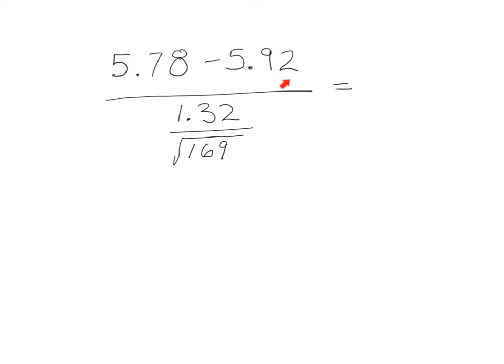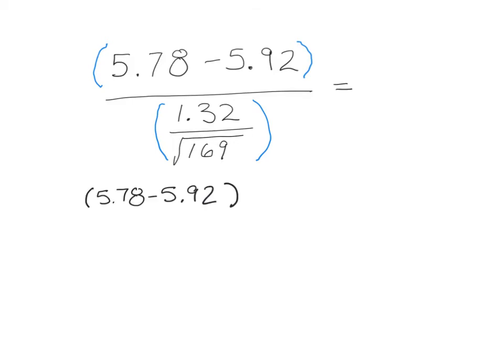Okay, so now let's look at this one. 5.78 minus 5.92 divided by 1.32 over the square root of 169. So numerators and denominators do not play well together, even though we don't always write the parentheses out when we're writing the problem out by hand. When putting it in our calculator, we always need to keep the numerator and the denominator separated by parentheses.